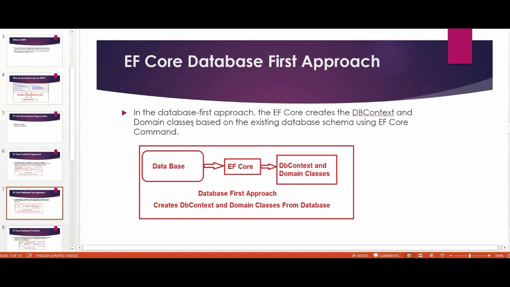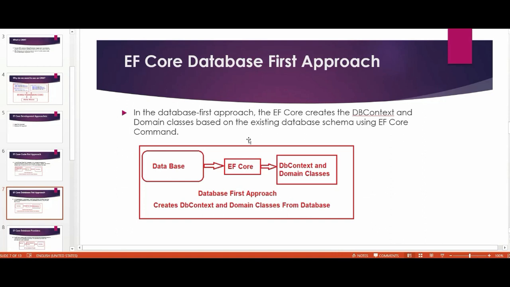So in the database first approach, we actually have the database and the tables. What we need to generate is only the DB context class and the domain classes. So the EF Core API will create the database context and the domain classes from the database.